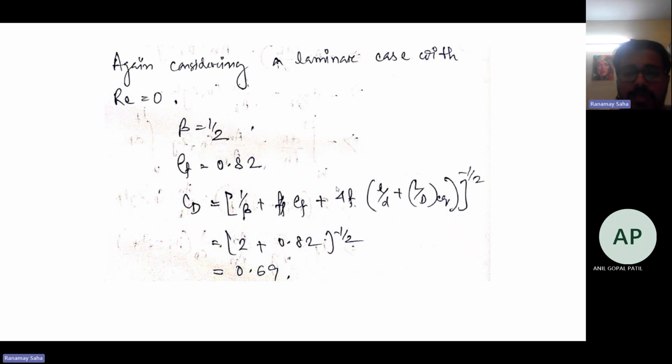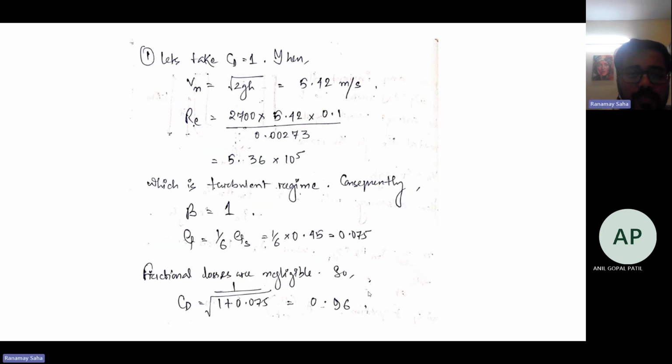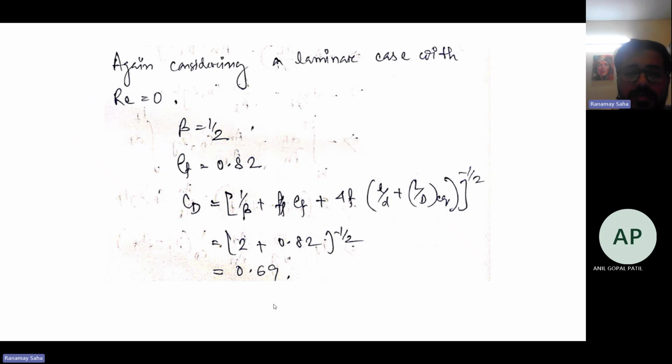So this whole friction term gets cut off because the friction losses are found zero, almost negligible. Then you have the CD as 2 plus 0.82 to the power minus half, it's coming out 0.69. Now the CD in the turbulent regime was almost close to 1, but in the laminar regime, you can see the CD comes out to quite a significant change. It is 0.69.